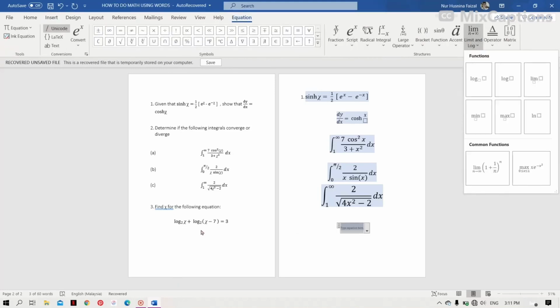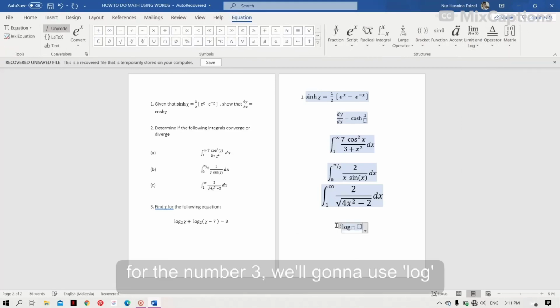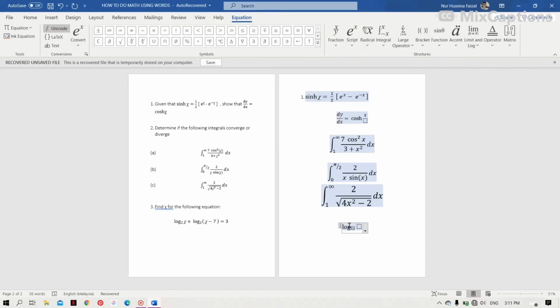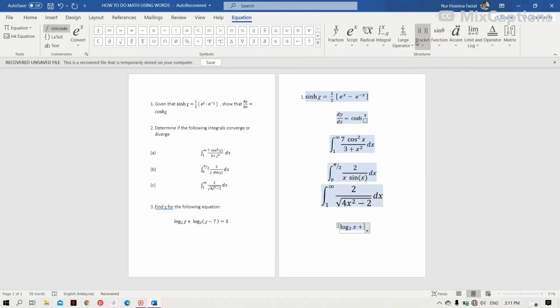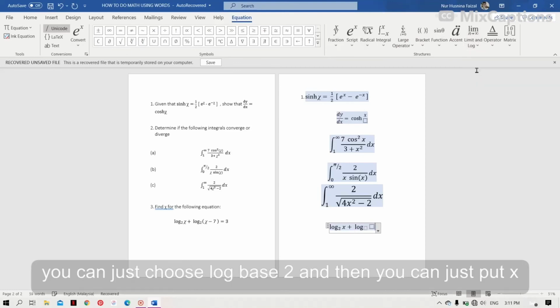Okay, so for the number 3, we're going to use log. Usually just like before, you can just insert equation and choose log. Okay, this one is just simple. You can just choose log base 2.